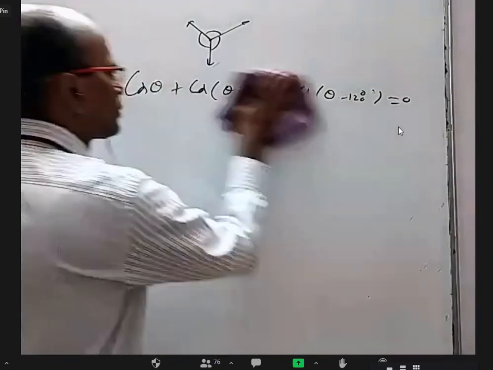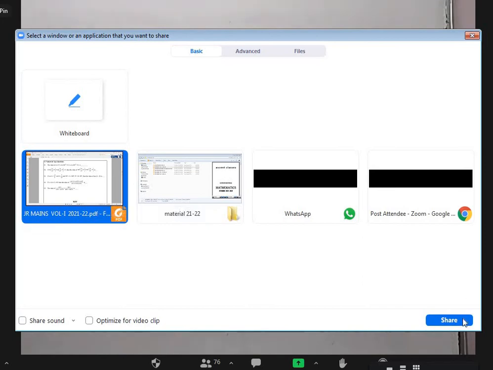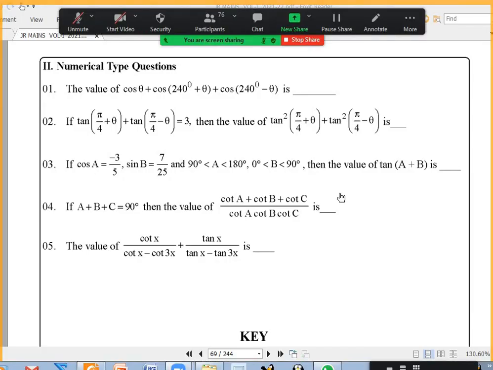So you can use cos A plus B plus cos A minus B, which will give 2 cos A cos B. So the numerical first question is cos theta plus cos of 240 degrees plus theta plus cos of 240 degrees minus theta is 0. The answer is 0, but I have to prove it.